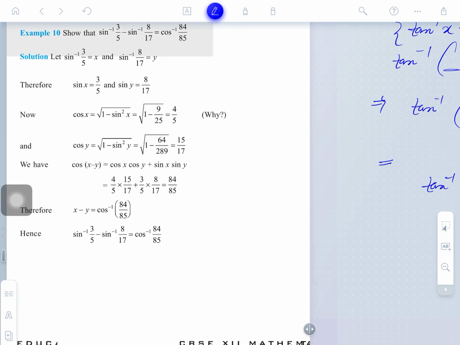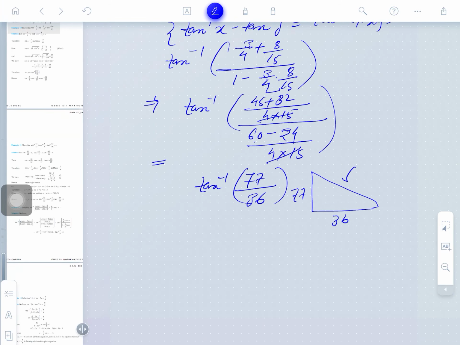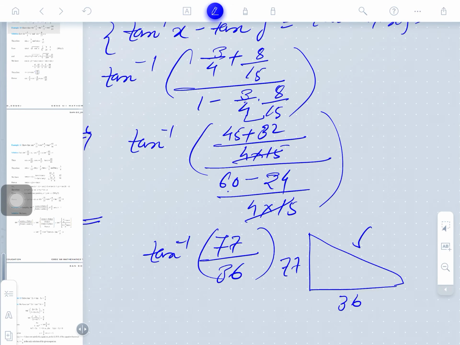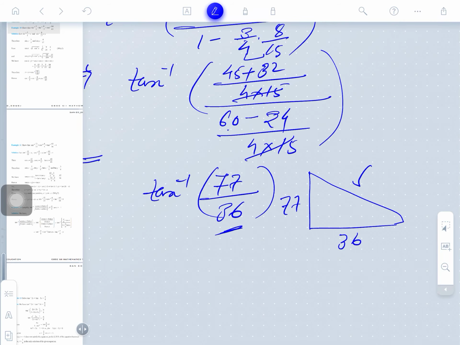The question is asking 84 by itself. Is there something mistaken here? You may check this. 4 3s are 12, 3 4s are 12, 4 8s are 32, 15 3s are 45, 15 4 is there, and 5 4s are 60, 3 8s are 24, 60 and 24, 36 coming, 36, right?